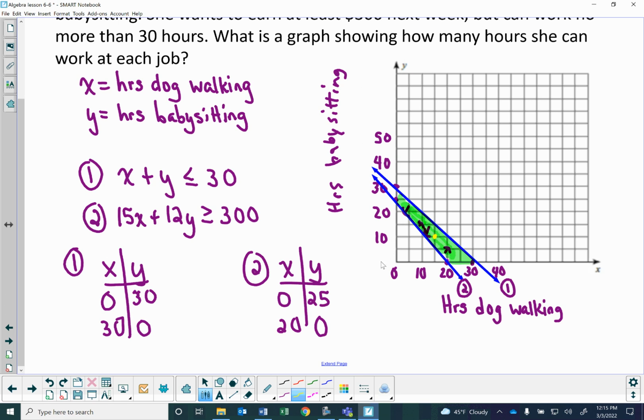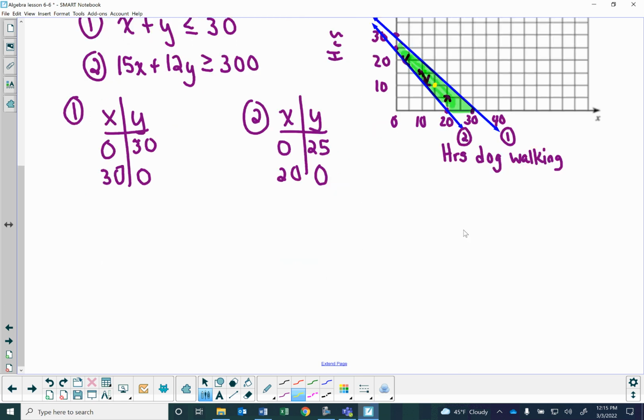Okay, and you can check that. In fact, let's do that. If we did the point 15, 10, that means x is 15 and y is 10, and we want to know money, so we're going to do 15 times 15 plus 12 times 10, and we want that to be greater than or equal to 300.